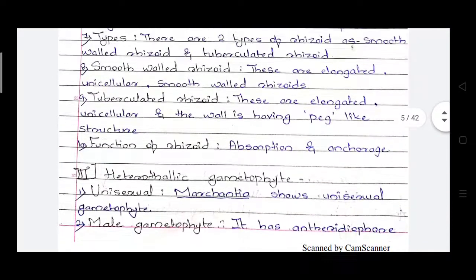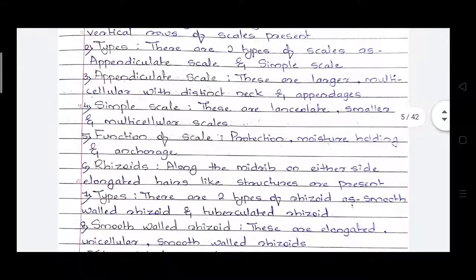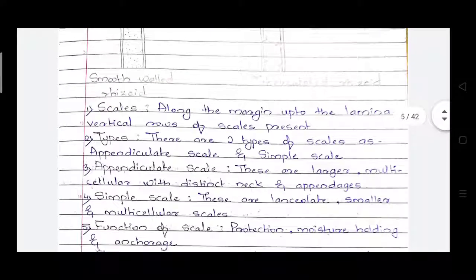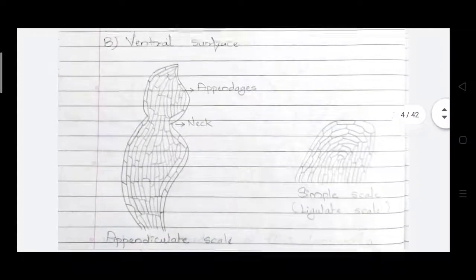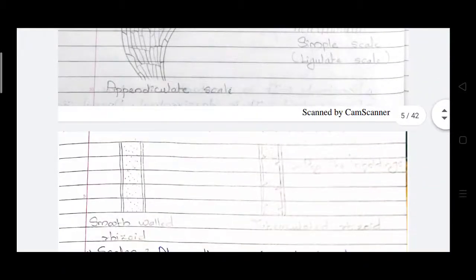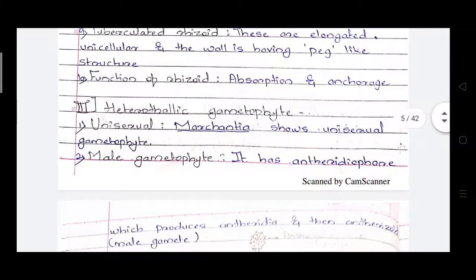So these two main organs of the plant, the scales and the rhizoids, are present on the ventral surface of the thallus.